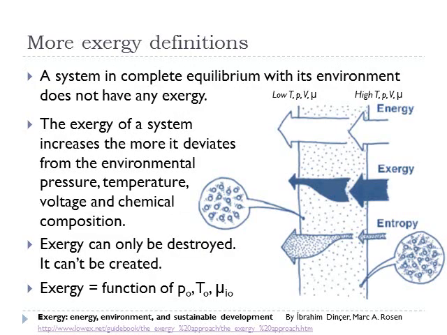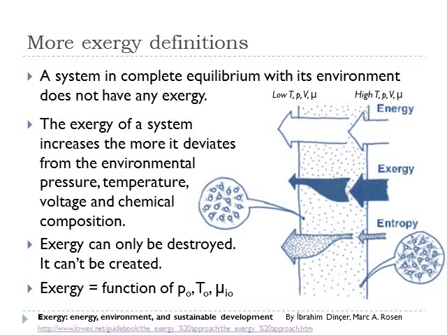So here are some more definitions and a diagram to give us a better feel for what's going on here. A system in complete equilibrium within its environment has no exergy.